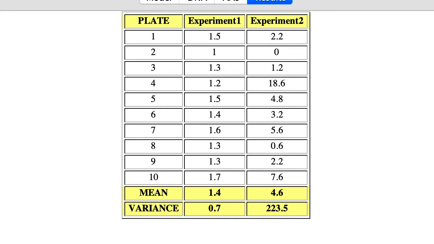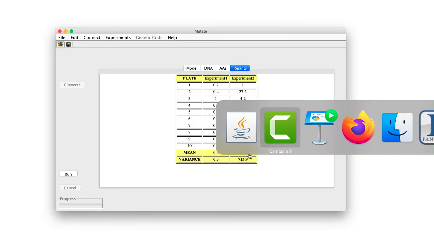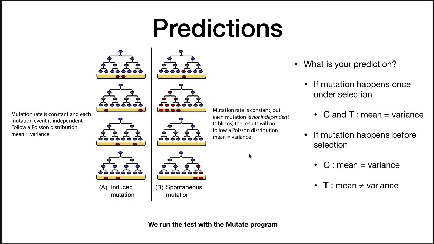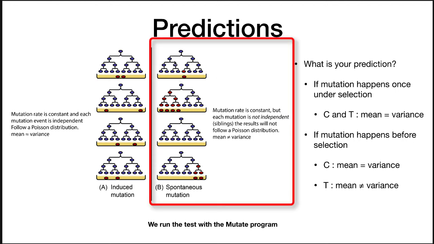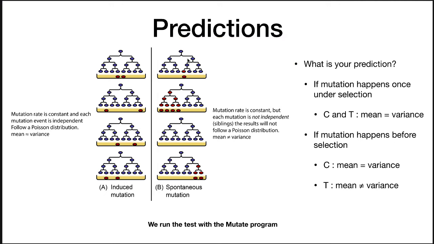We can run this many, many times, and you see in no instance does the mean equal the variance. Therefore, what this means is that we're following the spontaneous mutation model, and mutations occur in populations before the selection, and the selective pressure just finds them.